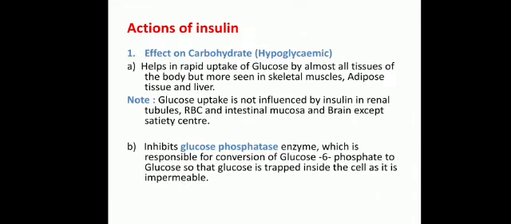Now we go to the next slide. That's basically the actions of insulin. First we discuss the effect on carbohydrate. The effect of insulin on carbohydrate metabolism we call the hypoglycemic action. Insulin helps in the uptake of glucose in almost all the cells of the body, but glucose absorption is facilitated more in the skeletal muscles, adipose tissue and liver.